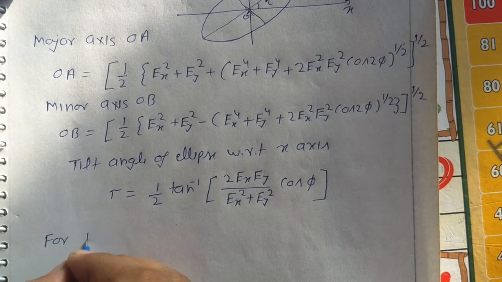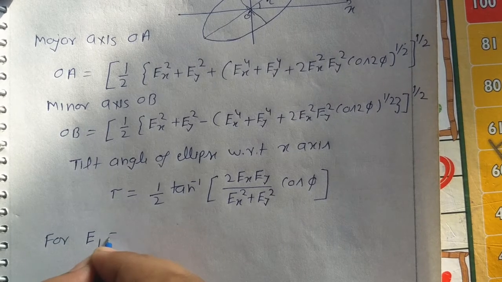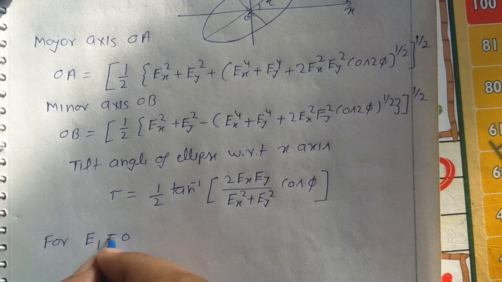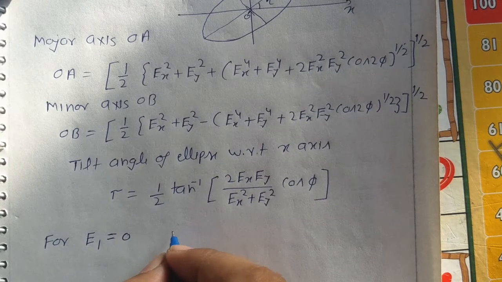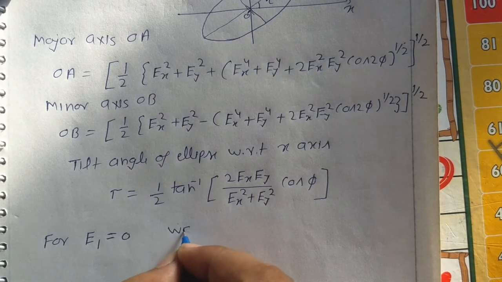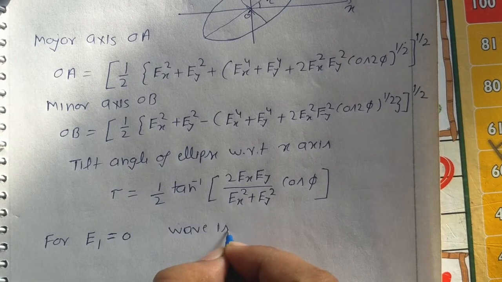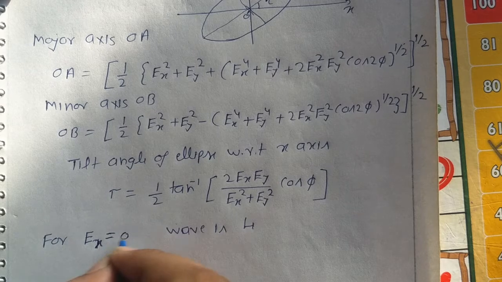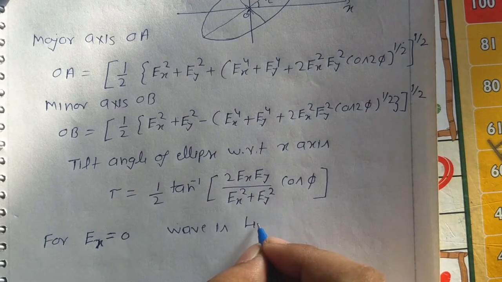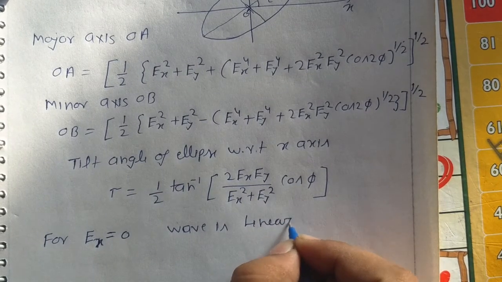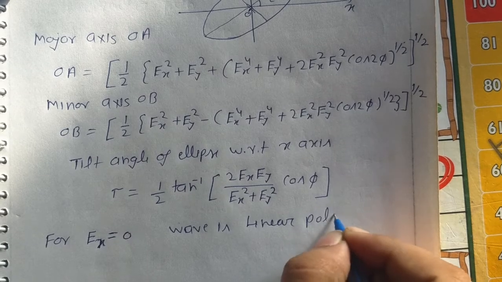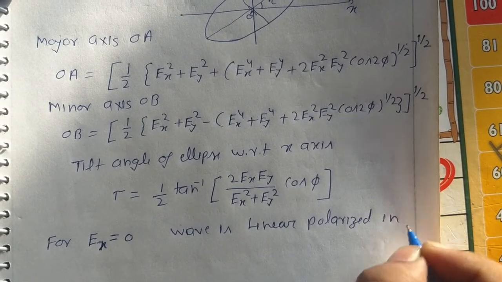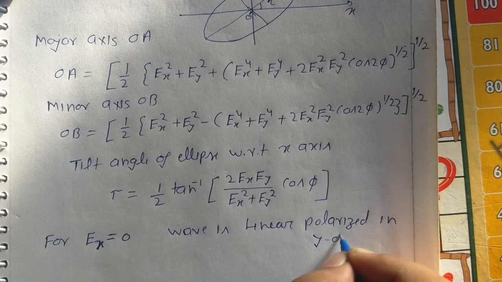For E1 equal to 0, if one of the waves is 0, the final wave is linear polarized. If Ex equal to 0, the wave is linear polarized in Y direction.